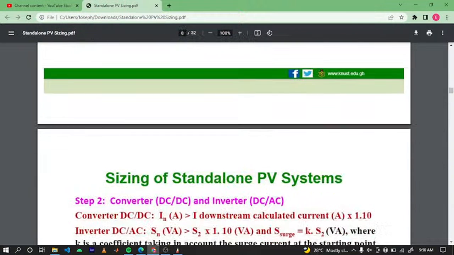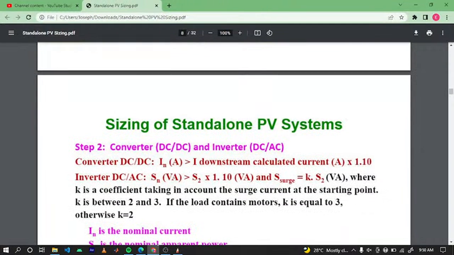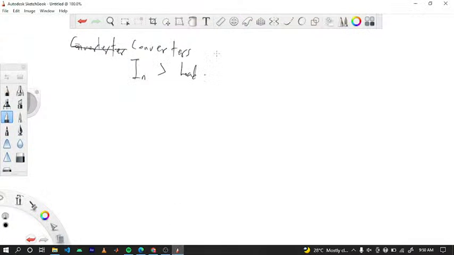They say we will use a converter with a nominal current greater than the calculated current times 1.1. You have it here. Let me just do I times 1.1.